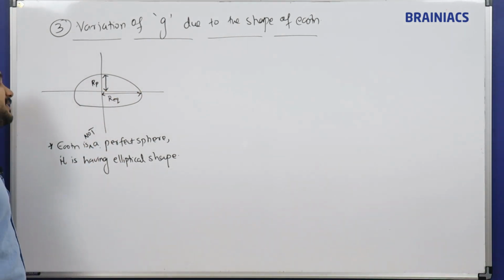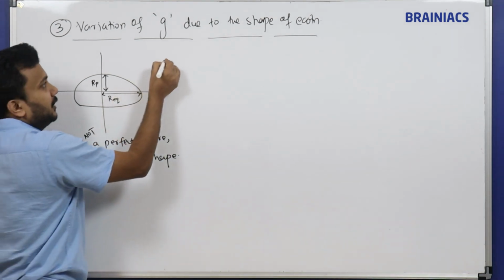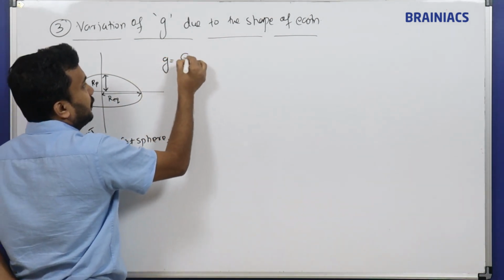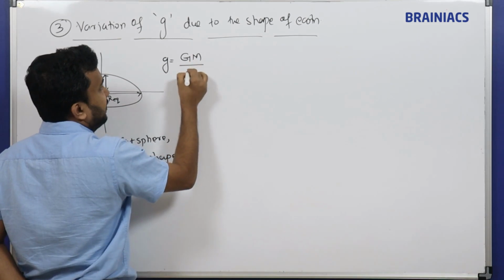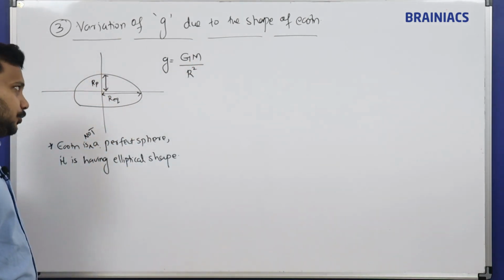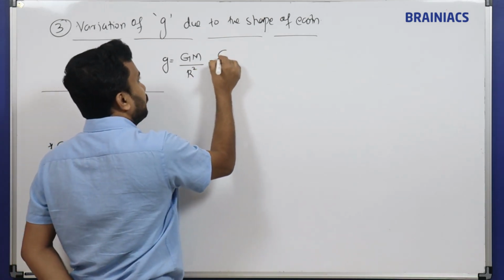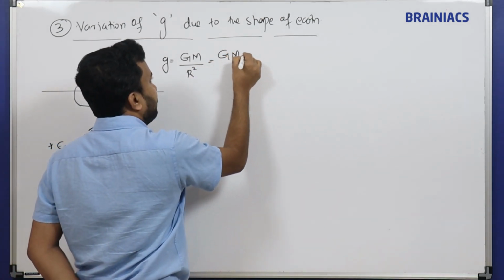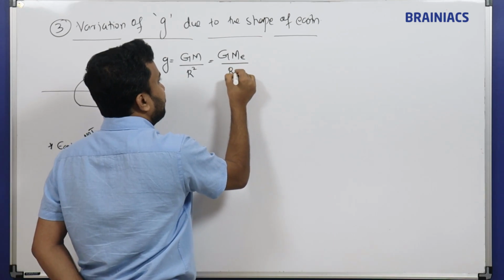Let's assume we know the acceleration due to gravity equation is g = GM divided by the radius of Earth squared. I also told you we can write it as G into mass of Earth divided by radius of Earth squared.